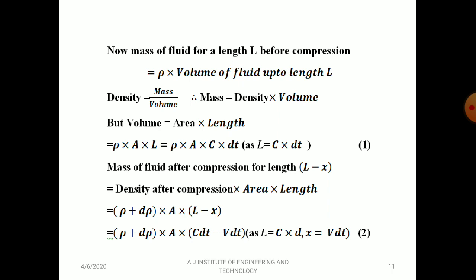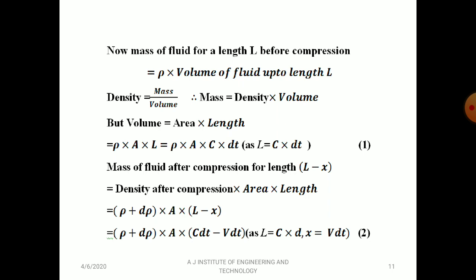So let us calculate the mass before compression for a fluid of length L. From the basic definition of density, density equals mass by volume. So mass equals density into volume. Density is rho, and the volume of the fluid is given by area into length. The unit of area is meter square and the unit of length is meter, so meter square into meter gives meter cube.